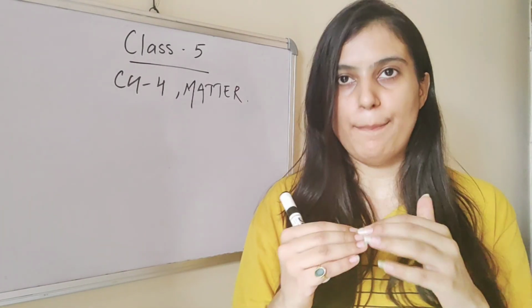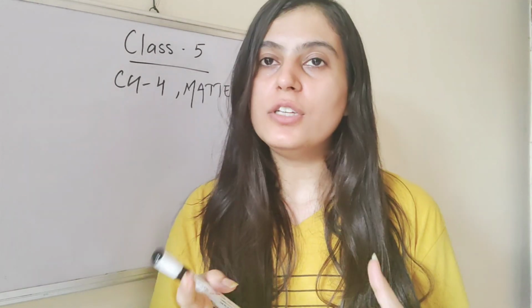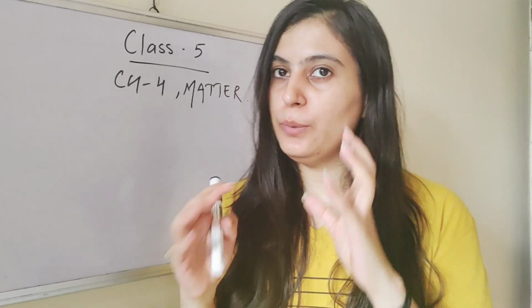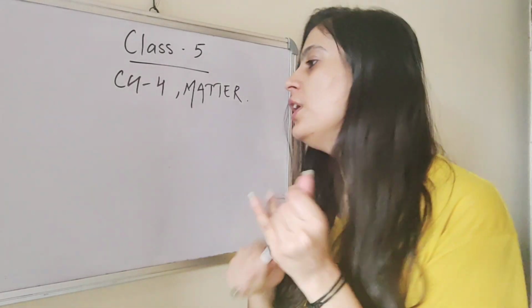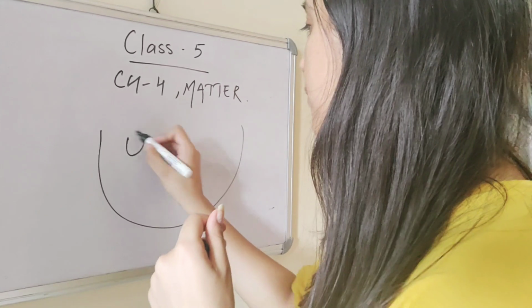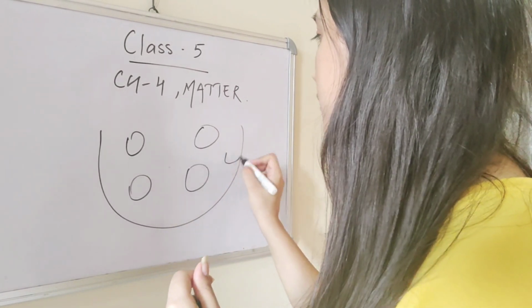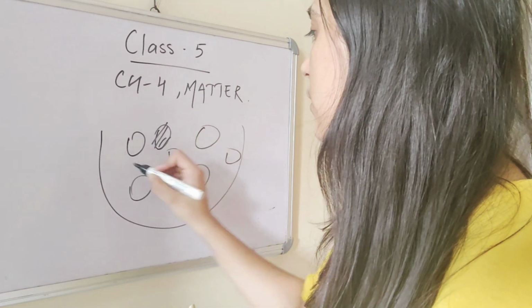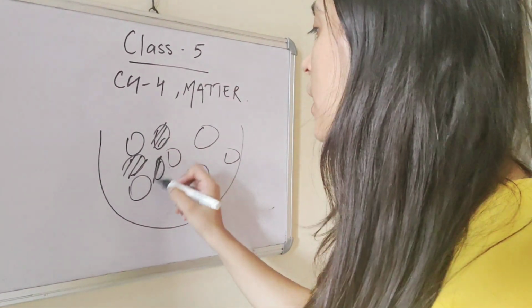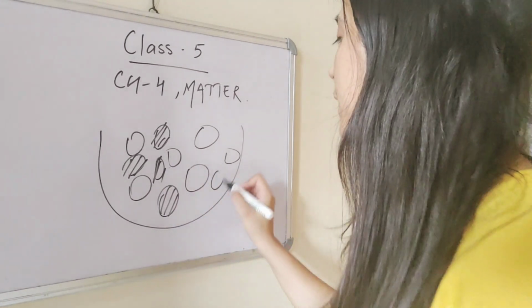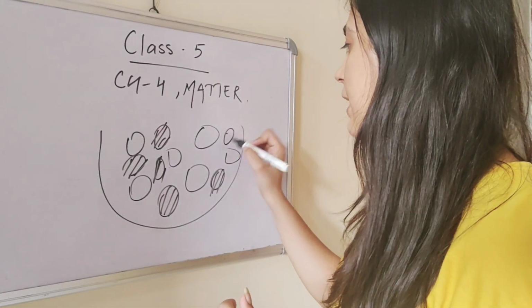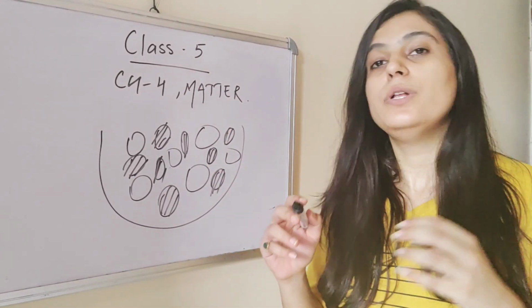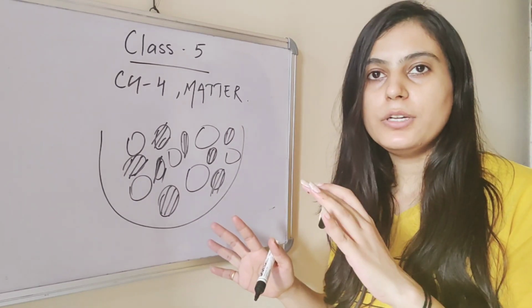Why does it happen? It happens because the salt molecules have already filled up the space between the water molecules, like this. These are the water molecules and these are the salt molecules. When you continually add the salt, you will see that it stops dissolving in the water.